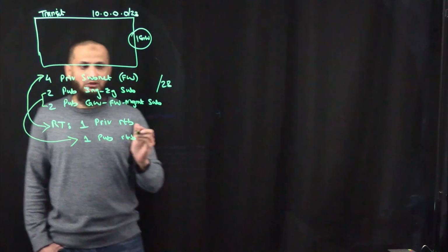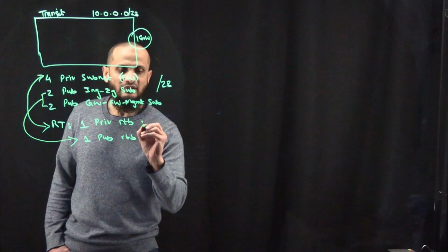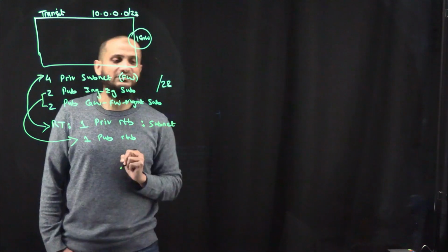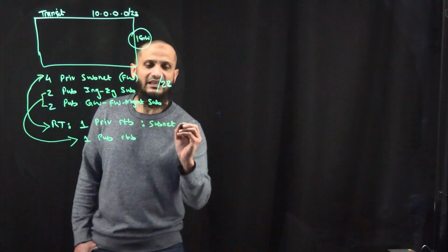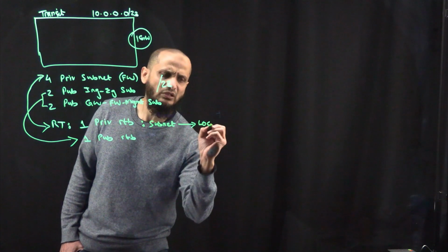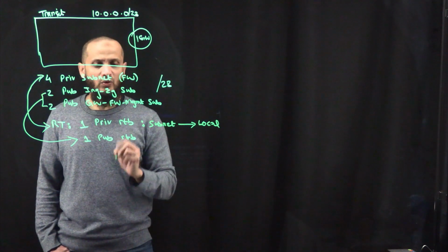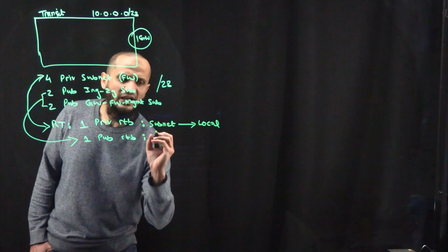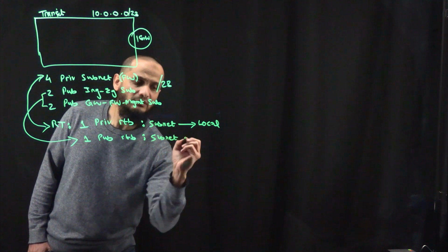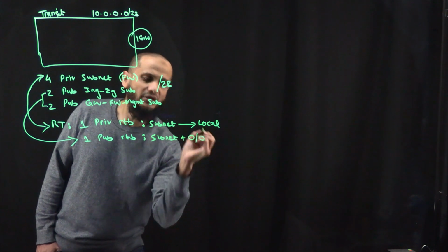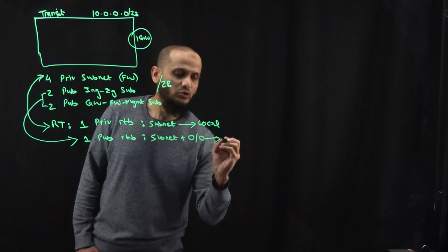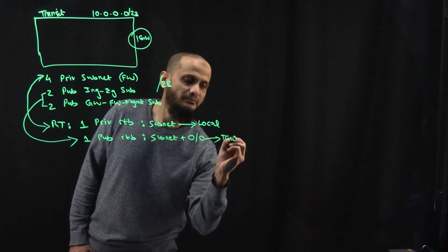The private routing table will have the subnet prefix over there, the subnet address, and that would be pointing towards local, because that's a local address. While the public routing table will have the subnet address plus a quad 0, a default route, and that would be pointing towards the IGW.